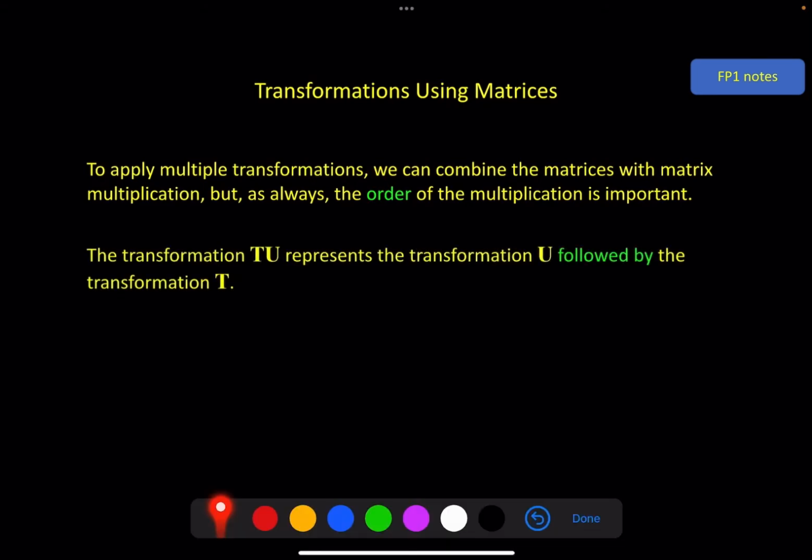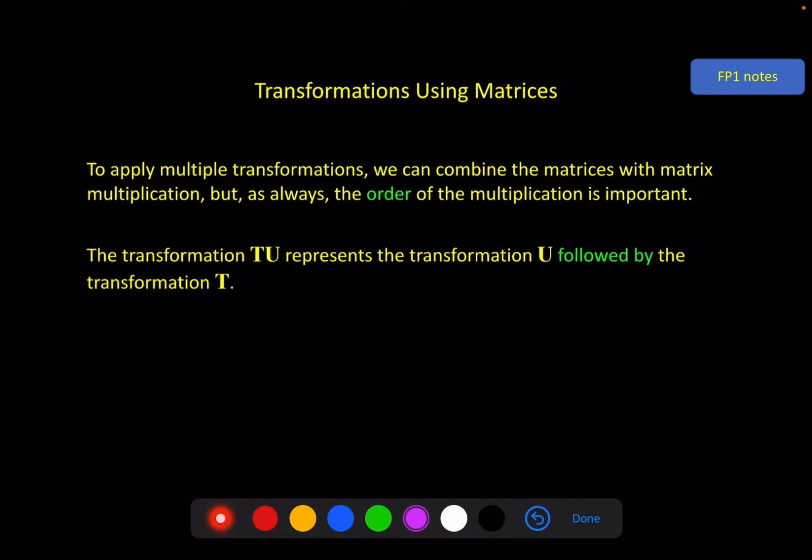The transformation TU, so this is one transformation and this is another transformation, the combined transformation represents the transformation U first, followed by the transformation T second. Now that's a little bit unintuitive because we normally read from left to right. It looks like T comes first.